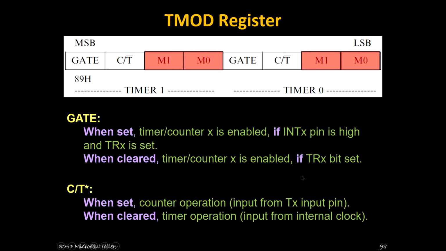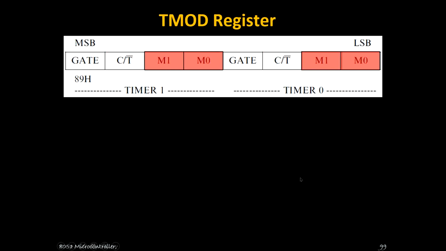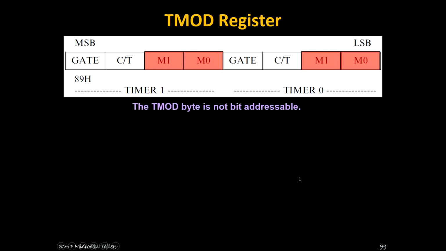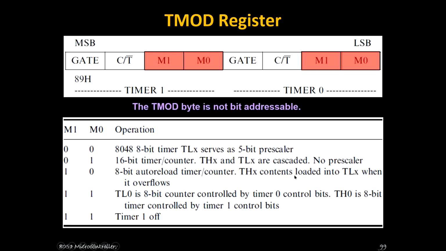Next we have the mode operations, the timer modes. Remember these are not bit addressable registers. With 00, as we said, it is an 8-bit timer, with TLX serving as a 5-bit prescaler, that is 8 plus 5, a 13-bit timer mode.